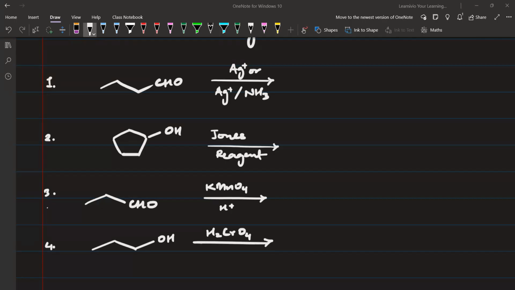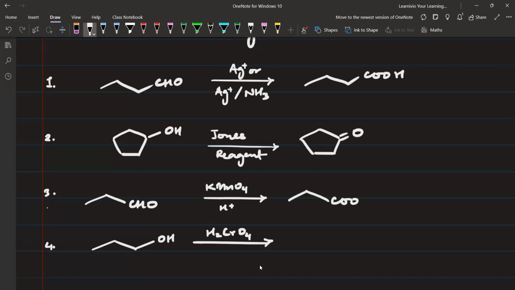Very good. Everything else is fine. The first one will be 1, 2, 3, 4 carbon atoms and carboxylic acid. Moving on.